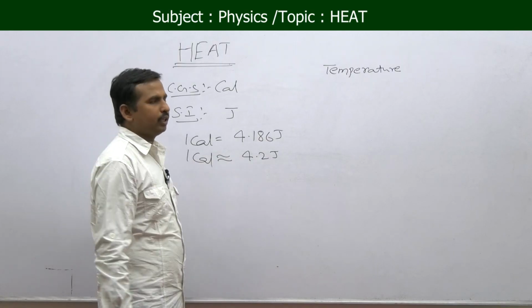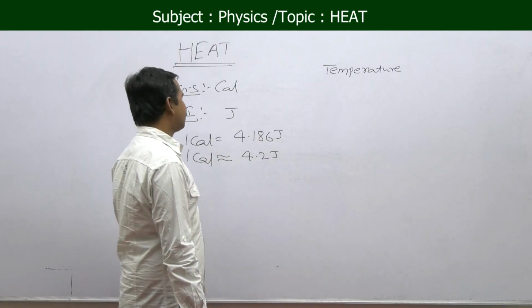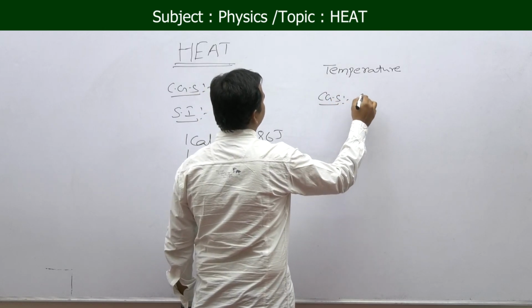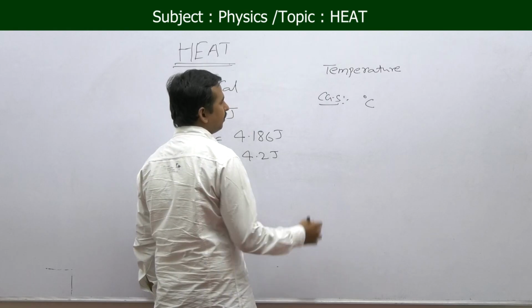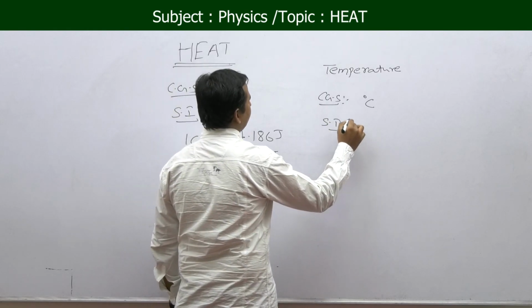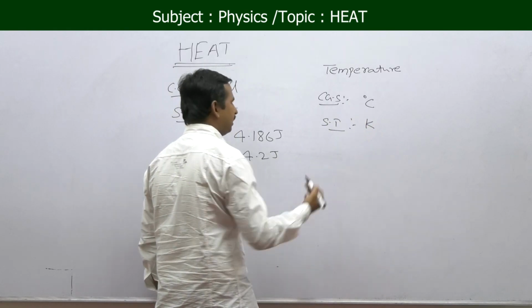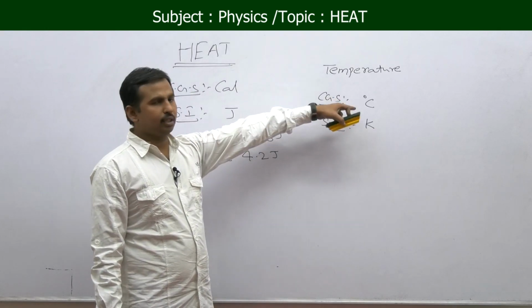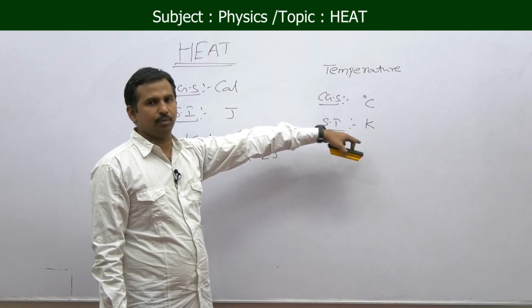For temperature, the CGS unit is degrees Celsius, whereas in the SI system it is Kelvin.